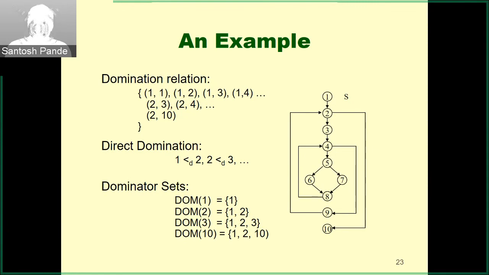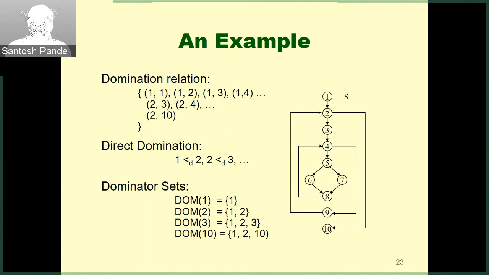So what we'll do is we'll detect the back edge, such as 8 going back to 4. And then we will enumerate the paths going backward from 8 towards 4 and collect all the nodes along this path.